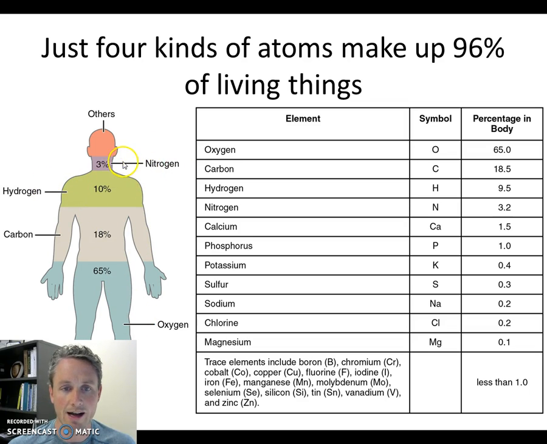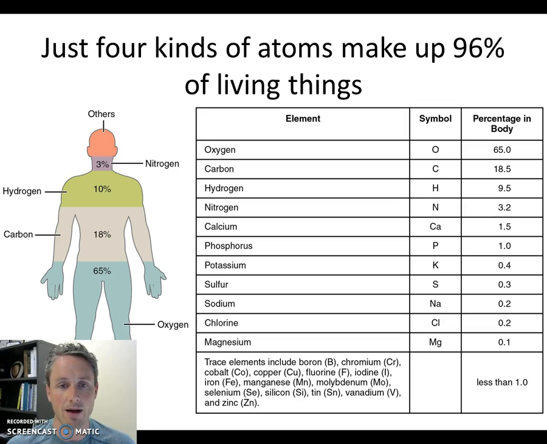Just those 4 kinds of atoms, elements as we call them, make up 96% of all living things. So again, if we want to understand how living things work, we need to understand how these atoms work. How the atoms oxygen, carbon, hydrogen, and nitrogen work together to make molecules, so we can put them together into cells, and then we can put those cells together into organisms.